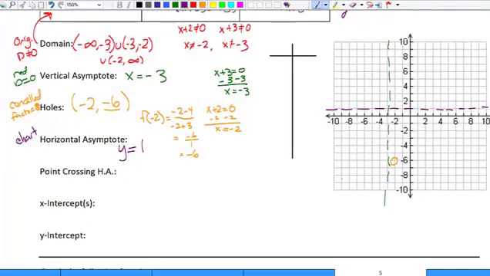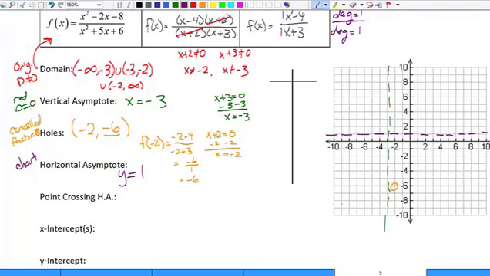I might have a point crossing the horizontal asymptote, so I'll want to find that out by taking my reduced f of x and setting it equal to my horizontal asymptote. So let's do my work here, point crossing. I have my reduced form, which is x minus 4 over x plus 3.